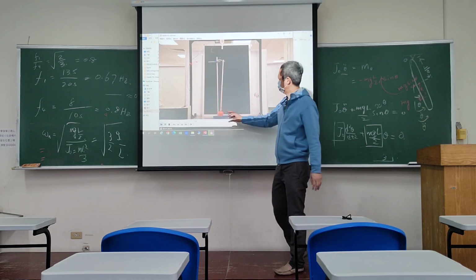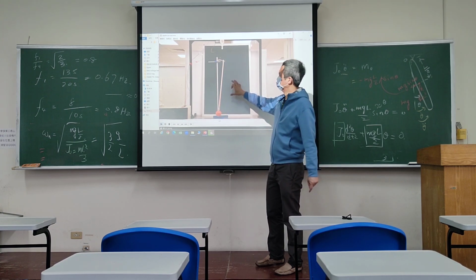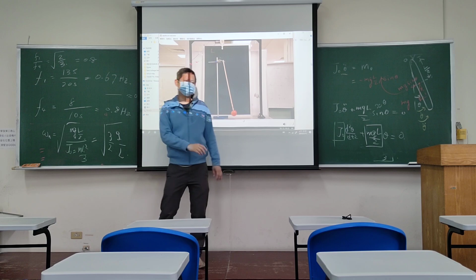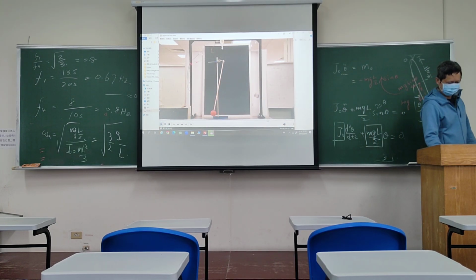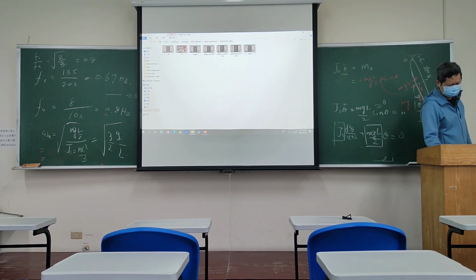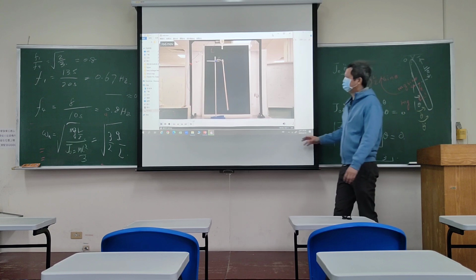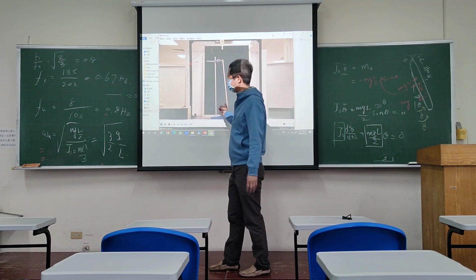With the apple at the end of the rod, given the same length of the rod, you find out the natural frequency to be 0.67. And now you do the same test with the apple removed. You find out that the natural frequency of the bare rod itself is faster.